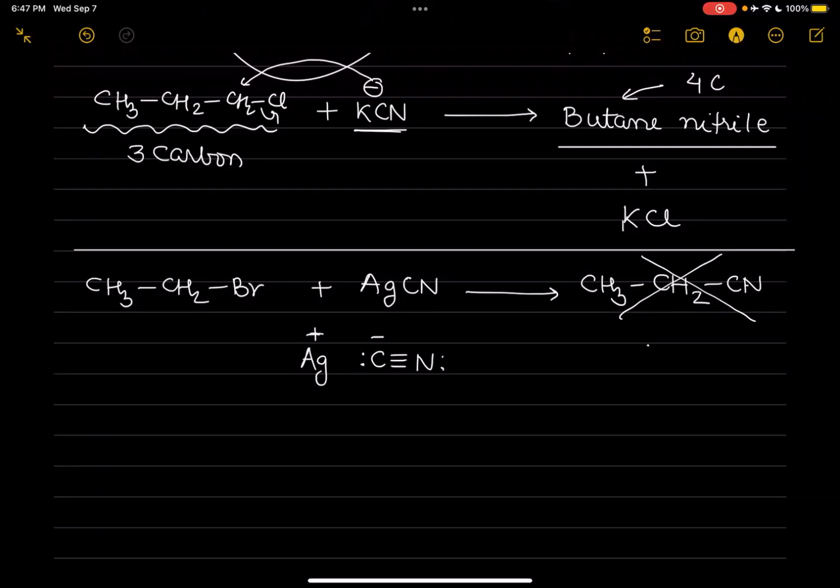But silver has a tendency, Imad, to pull the electron pair.